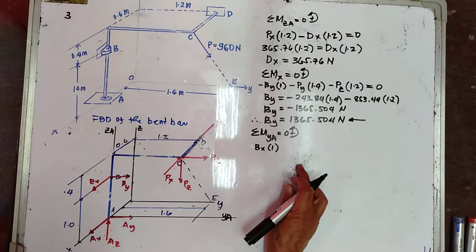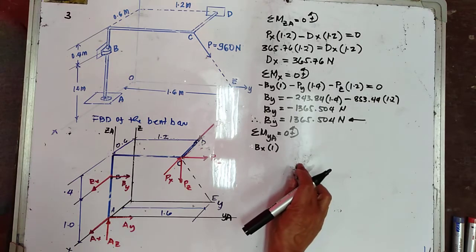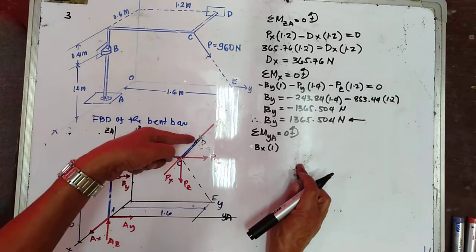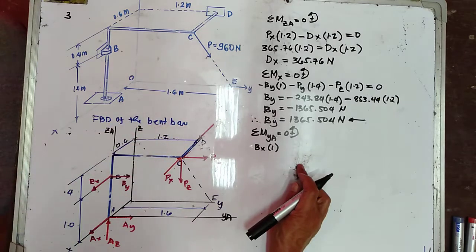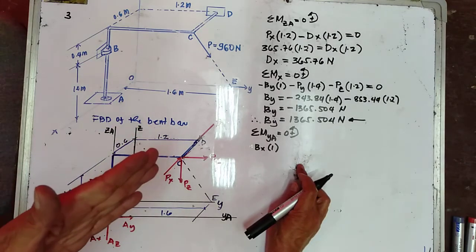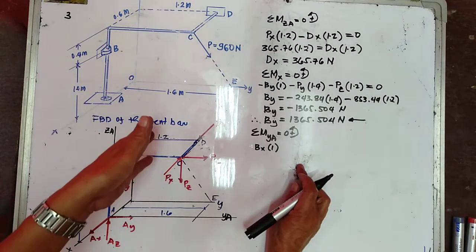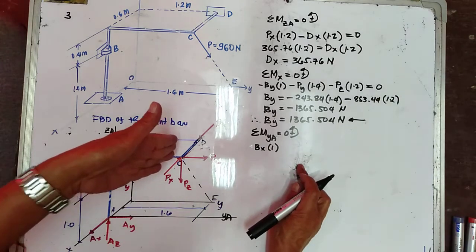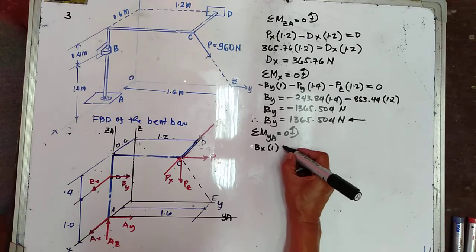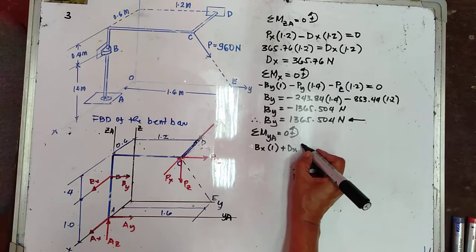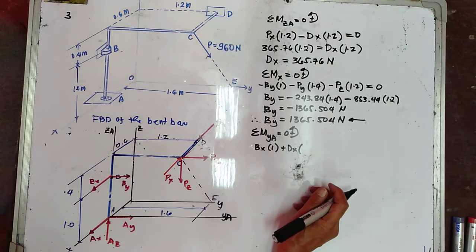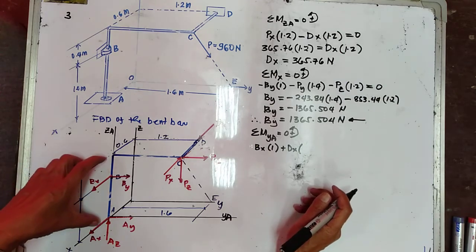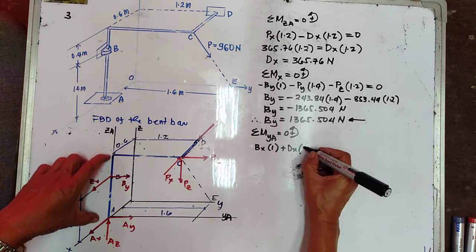So next is your dx. Your dx in here is counterclockwise about the y-axis. So that is plus dx, and the moment arm of dx is 1.4.